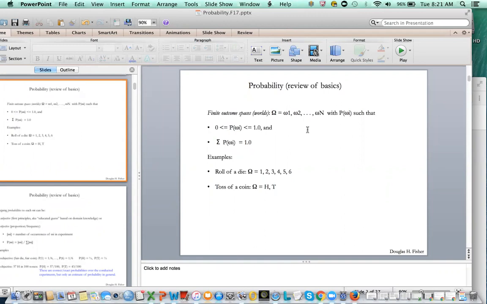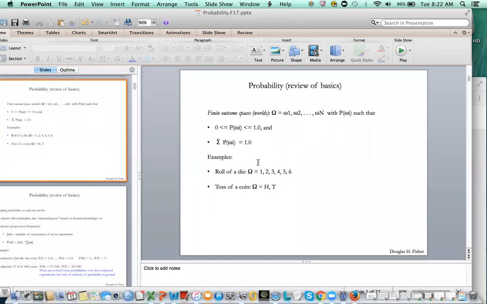A probability has to fall between 0 and 1 inclusive, and the sum of the probabilities within a set of mutually exclusive outcomes is going to sum to 1 if they are all the outcomes possible within an outcome space.